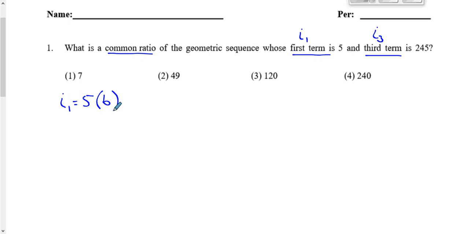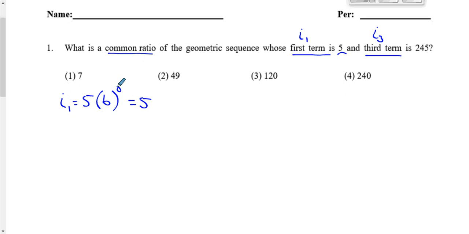N is 1, minus 1. That's a 0. What's the first term? 5. So I need the first term to be 5 times something that'll equal 5. What's my exponent going to be on that multiple? 0. Because anything to the 0 is 1, and 5 times 1 is 5.